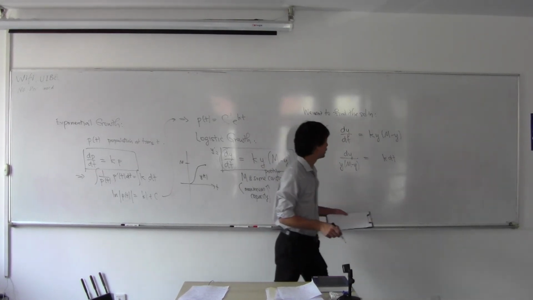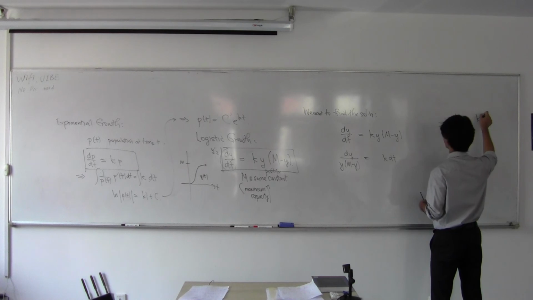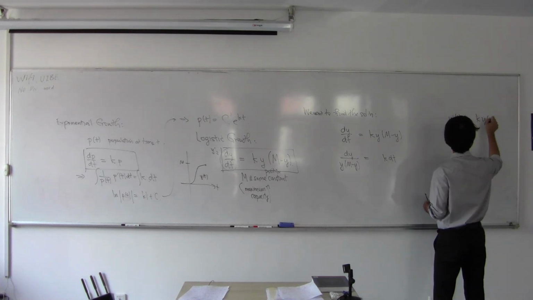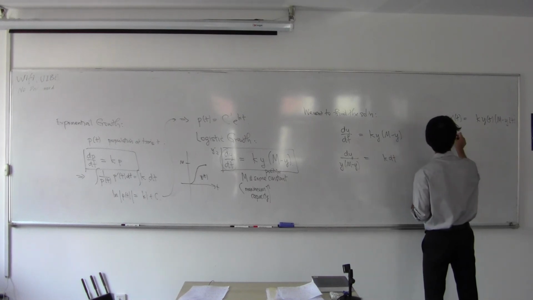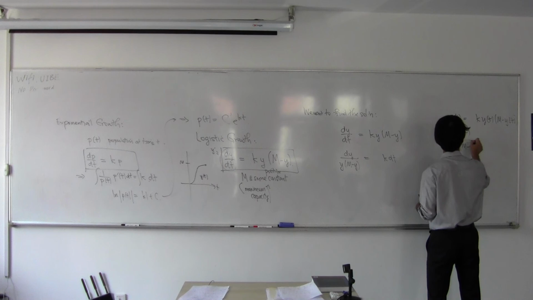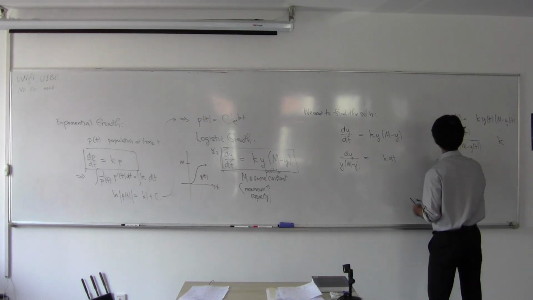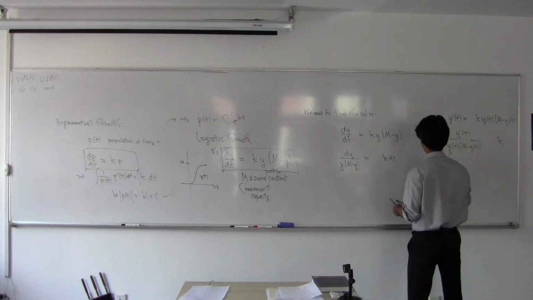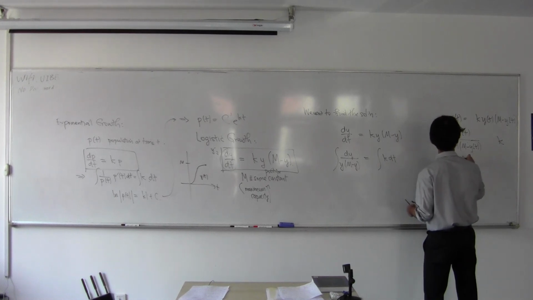If you don't like that, you can write it like this: y prime of t equals ky of t times m minus y of t, and then divide both sides, so y prime of t over y of t times m minus y of t equals k, and then integrate both sides with respect to t.